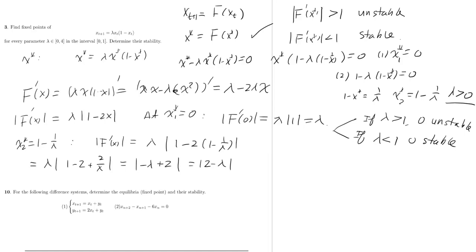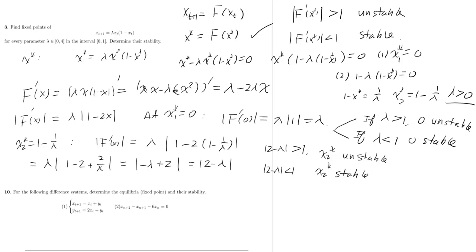And so our conclusion is, if 2 minus lambda is bigger than 1, then x star 2 is unstable. And if 2 minus lambda is less than 1, then x star 2 is stable.